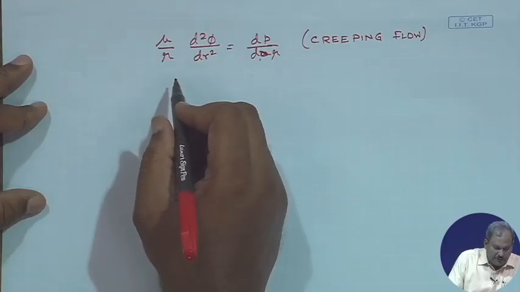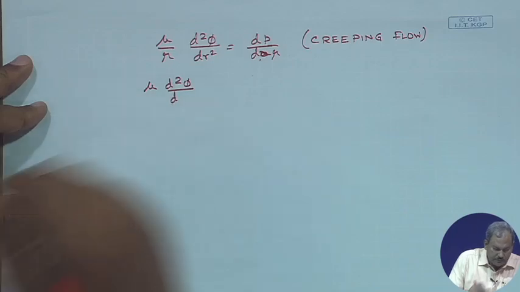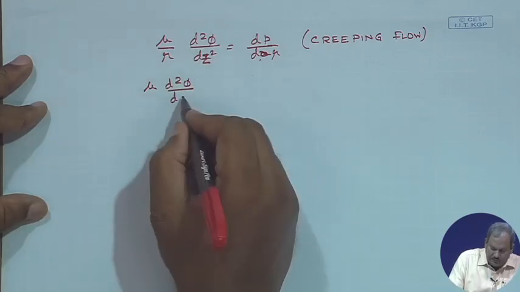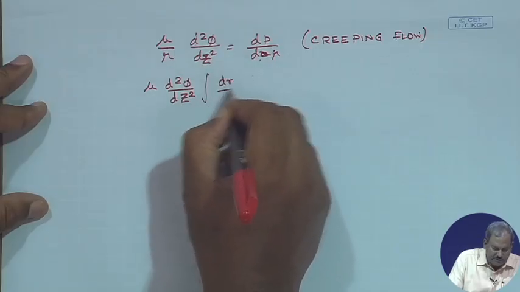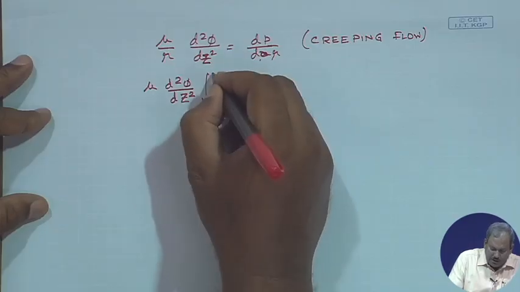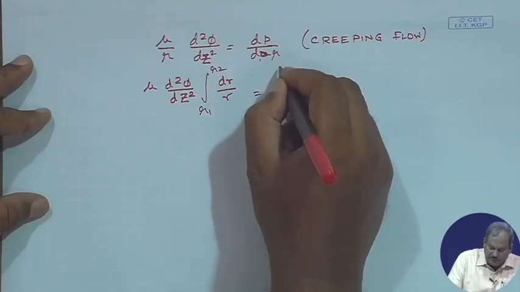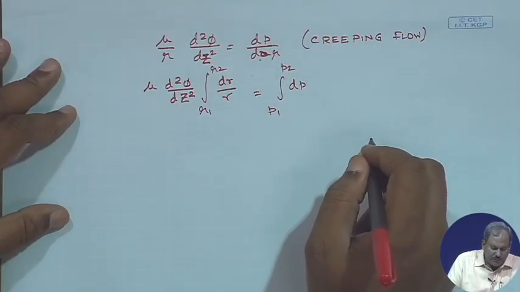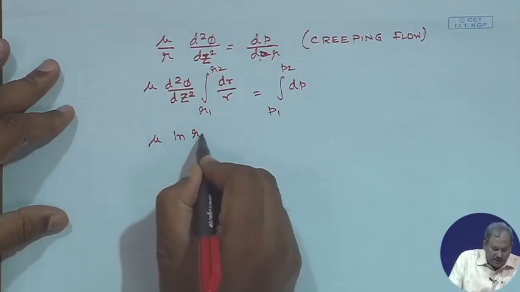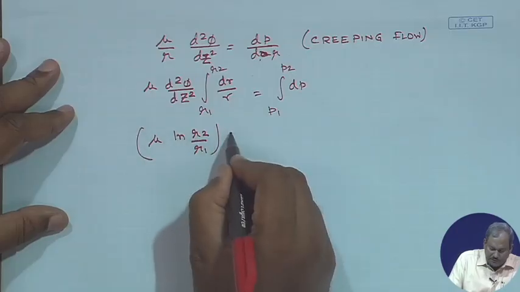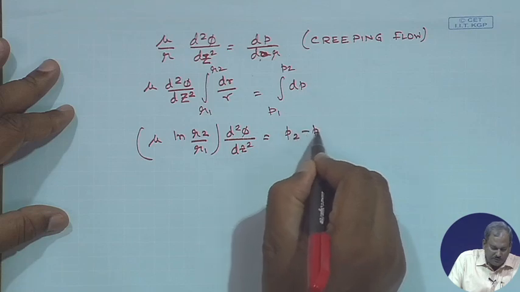This can now be integrated. Phi is not a function of r, so I can keep it outside the integration sign. This is dr by r from r1 to r2, and this is dp. Let us say the pressure at the two locations are P1 and P2, and therefore, you can write ln r2 by r1 upon integration times d2 phi by dz square would be equal to P2 minus P1.